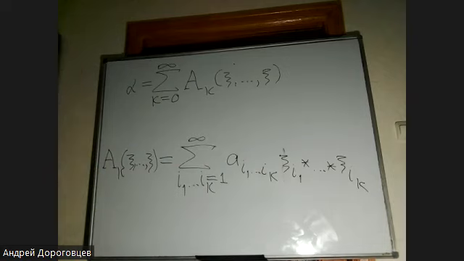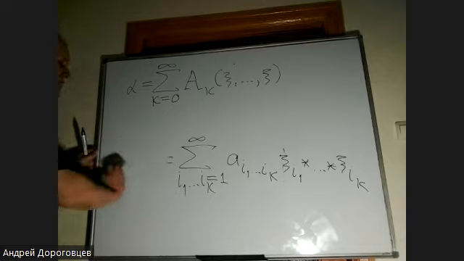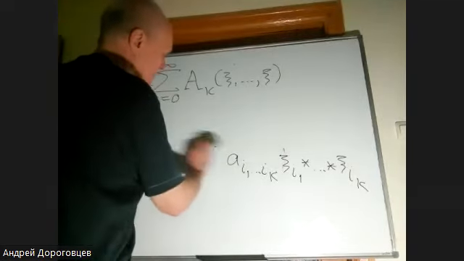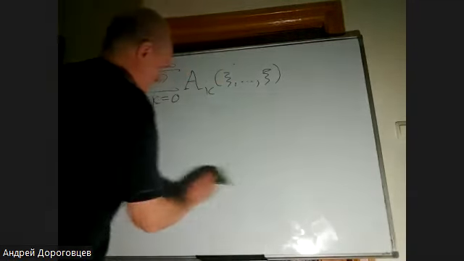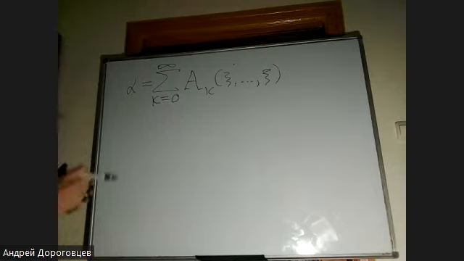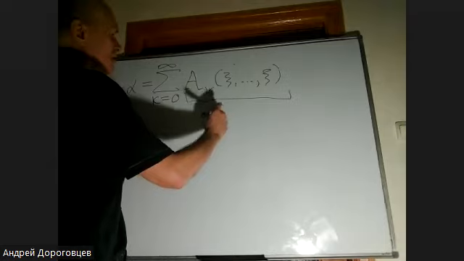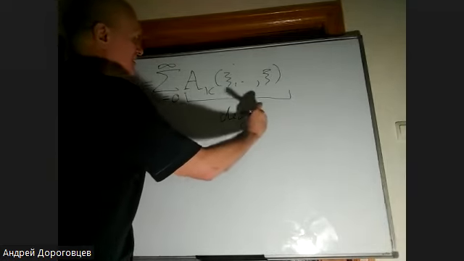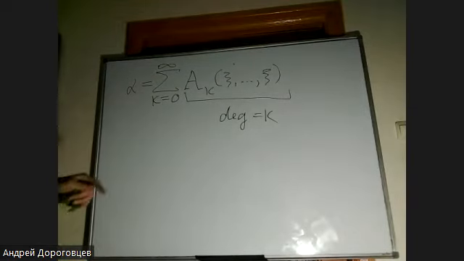It's easy. So from one side, we get our aim because the obtained representation has the desired property. This is a generalized Hermite polynomial of degree k. The summands are orthogonal because the prelimit summands were orthogonal.